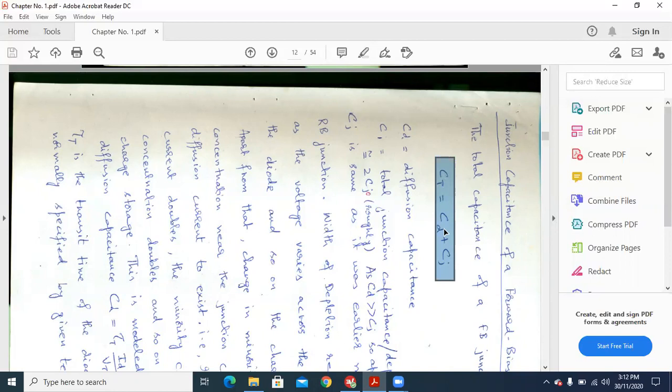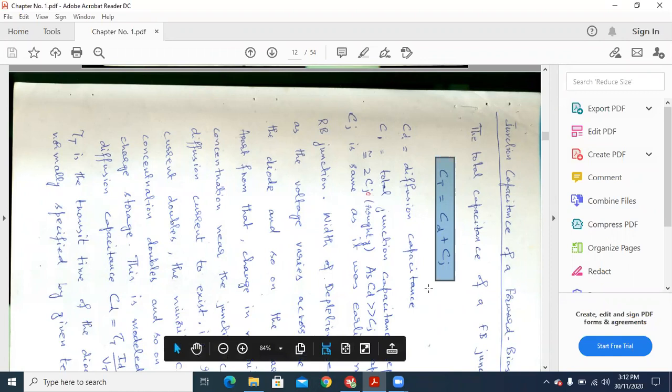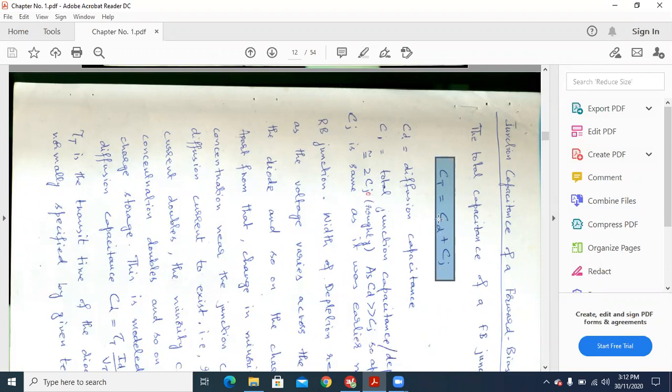Because the value of this junction capacitance is approximately 2 Cj naught. So this approximation doesn't matter because the value of CD is very high.